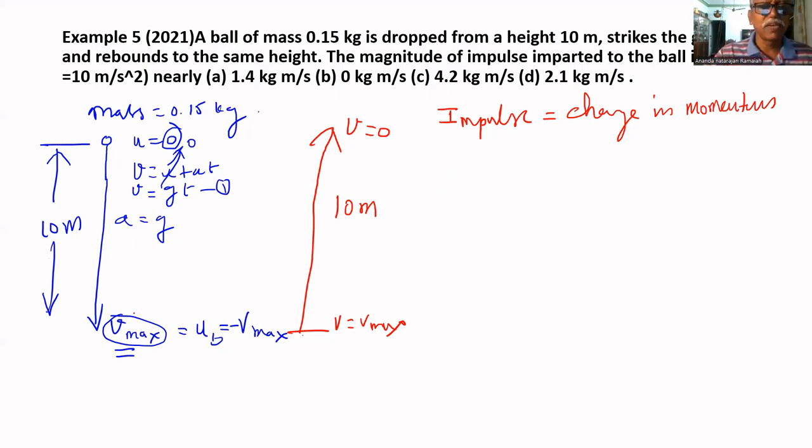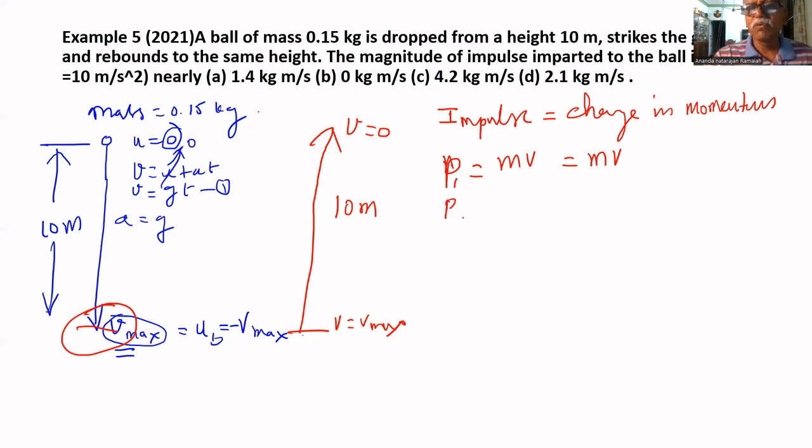Change in momentum means, while hitting, what is the momentum? Momentum P equal to mass into velocity, that is mv. While hitting the floor, its momentum is mv.